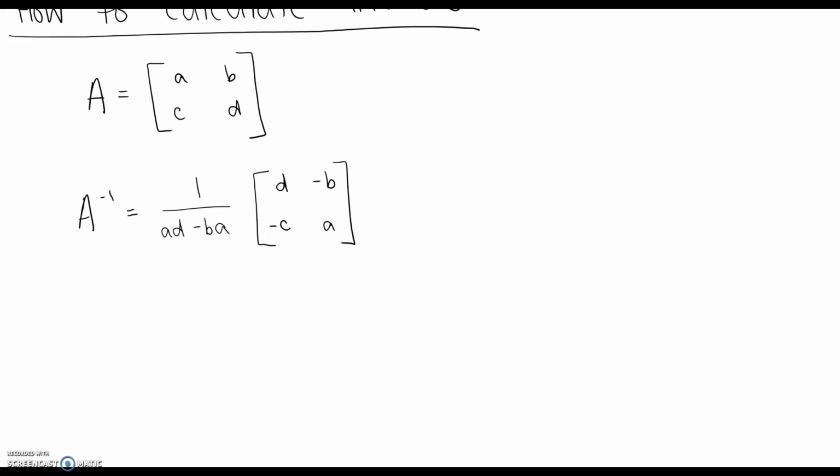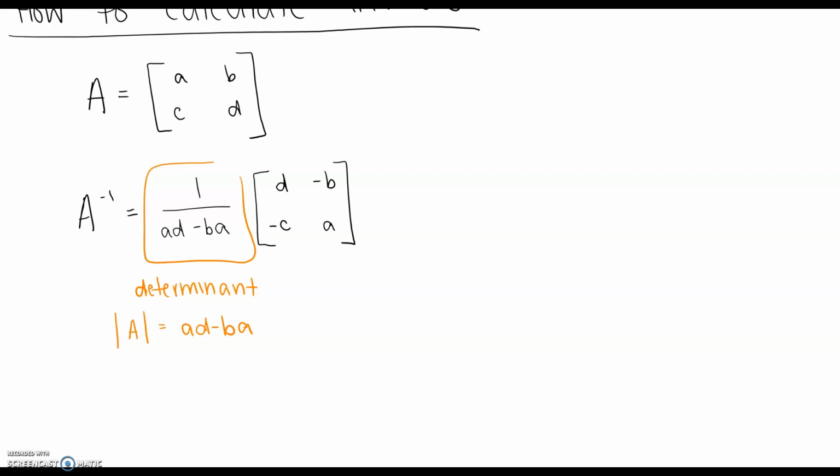So the determinant is noted as, kind of looks like the absolute value of A. It's got those bars around the capital letter, is equal to AD minus BC, like we said before. This is just a scalar quantity that we're multiplying by a matrix.